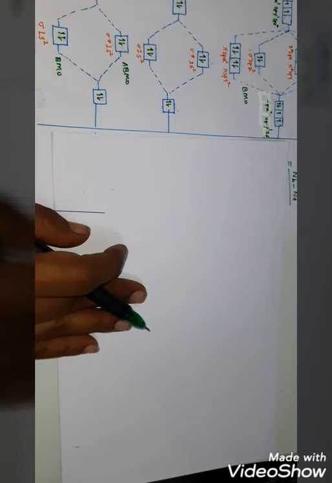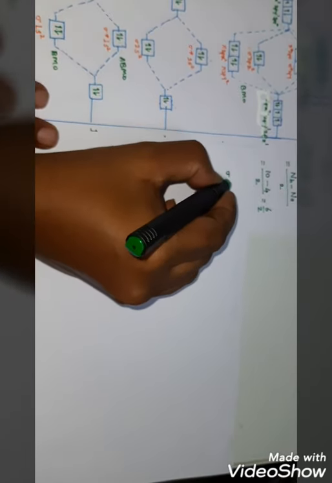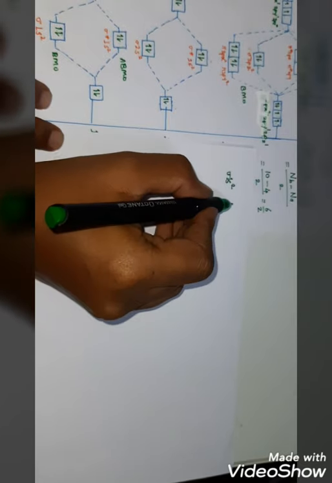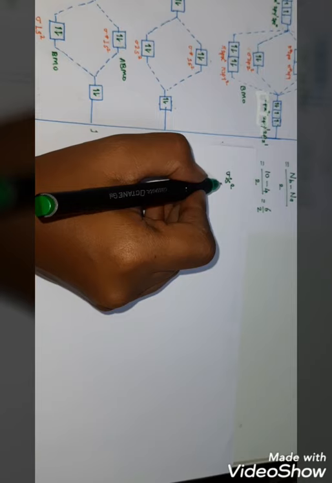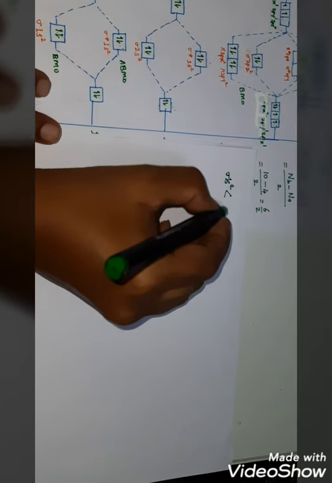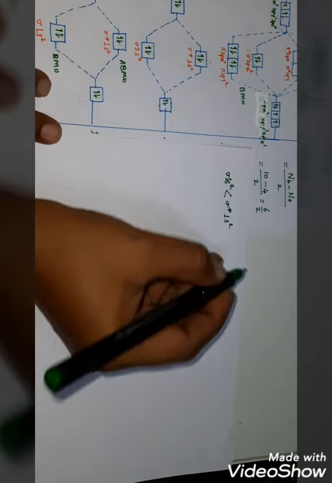Now symbolically we can write the MO structure as sigma 1s2. The energy of sigma 1s2 is lower compared to sigma star 1s2.